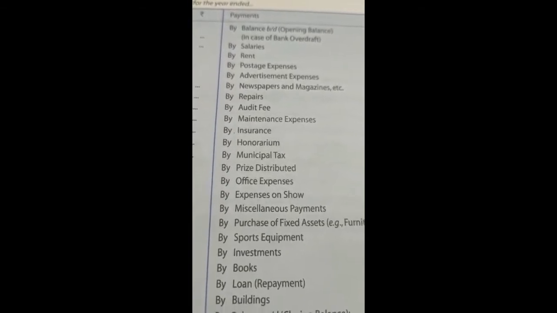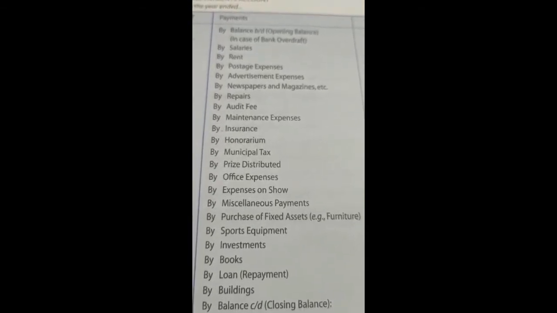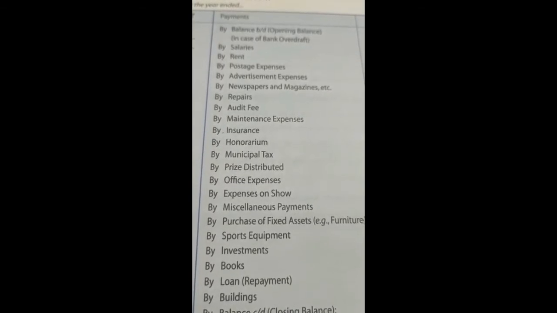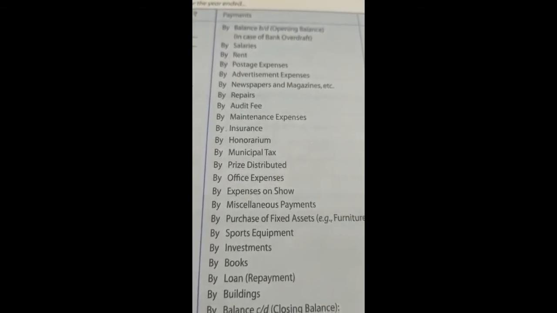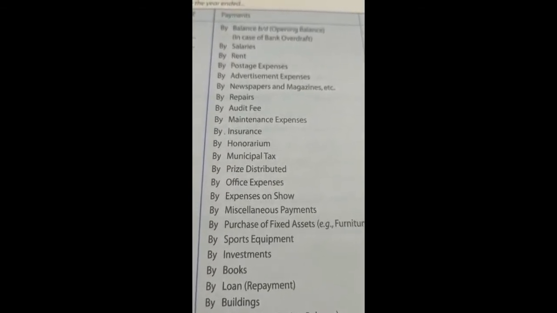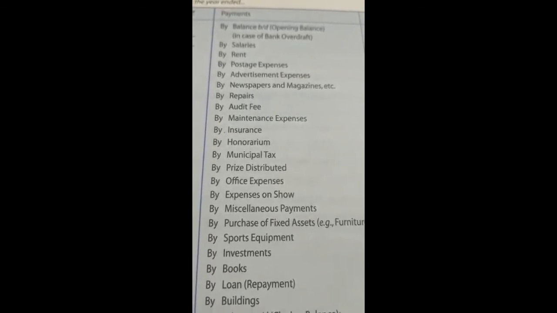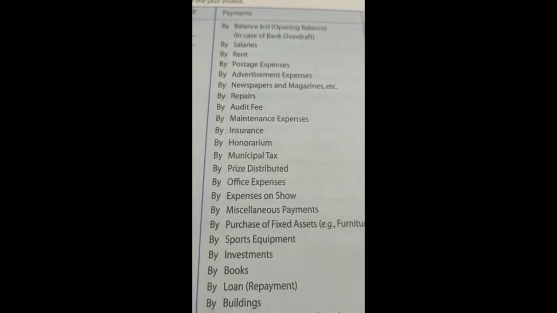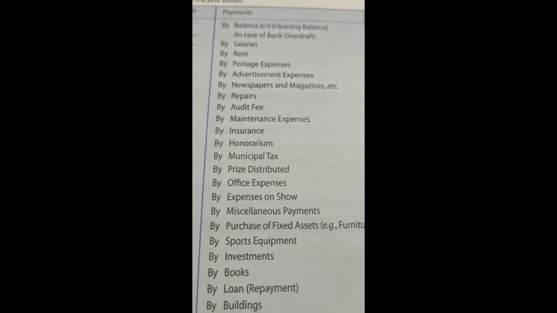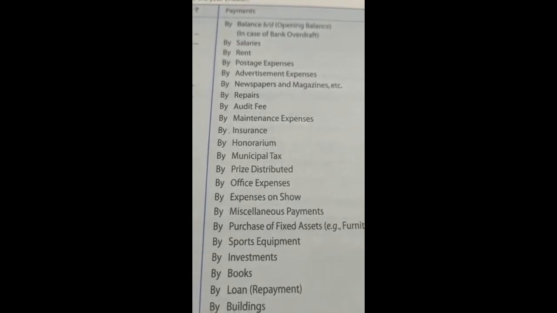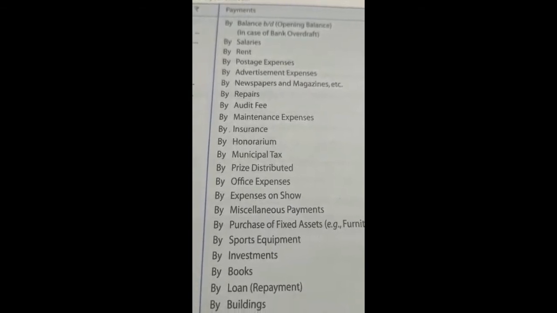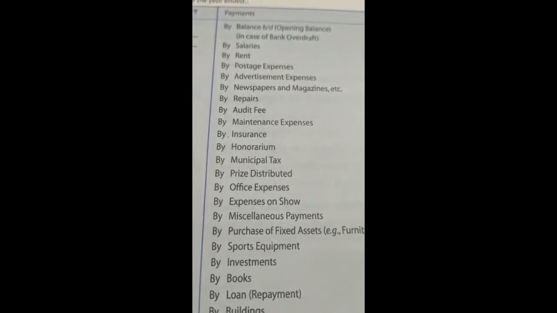Advertisement can be given by the organization for promoting various activities to spread awareness, like polio or any other program. So any advertisement given by the organization for spreading awareness, that advertisement expense is also a payment.